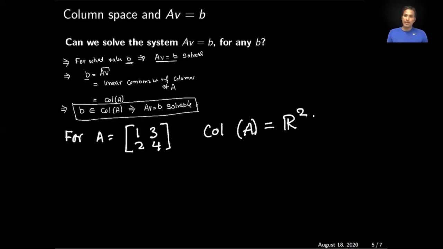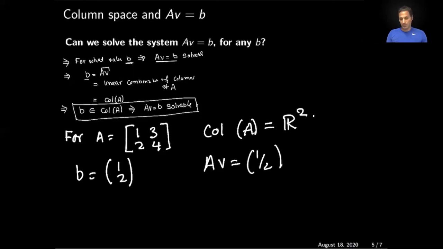So I can take any element in R2. If I choose b equal to 1, 2, I know that this system Av equals (1, 2) is solvable.